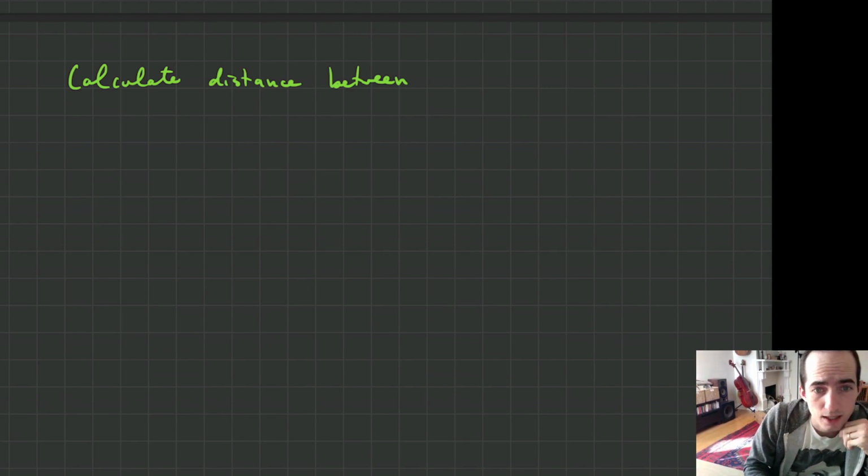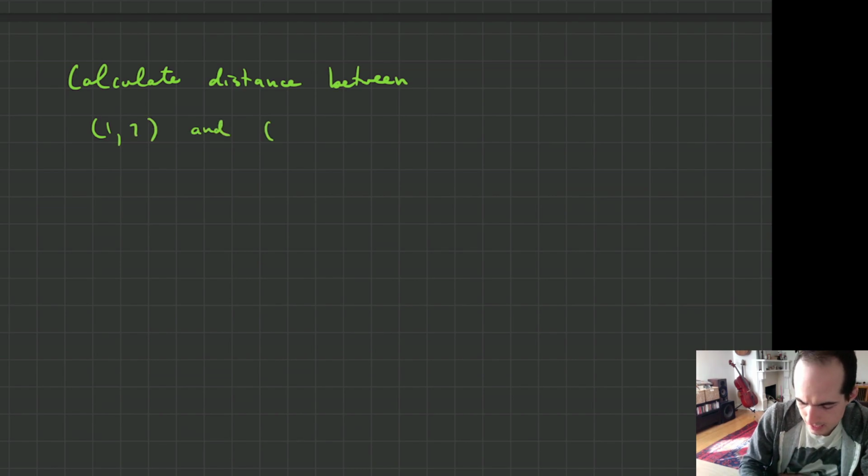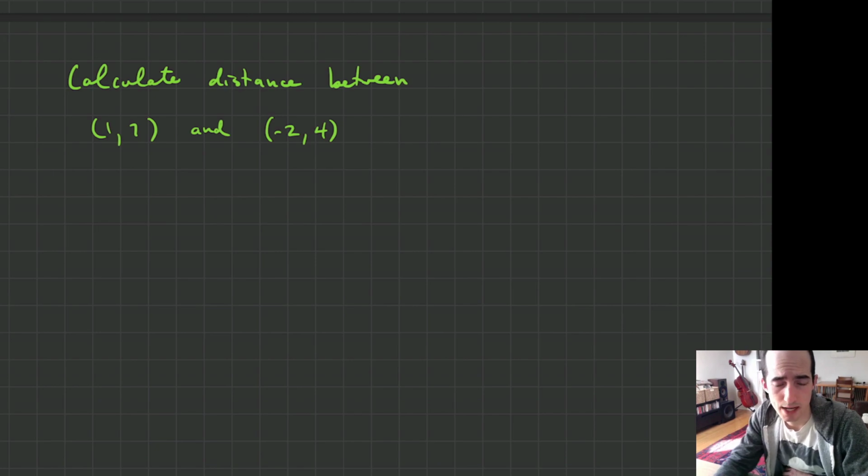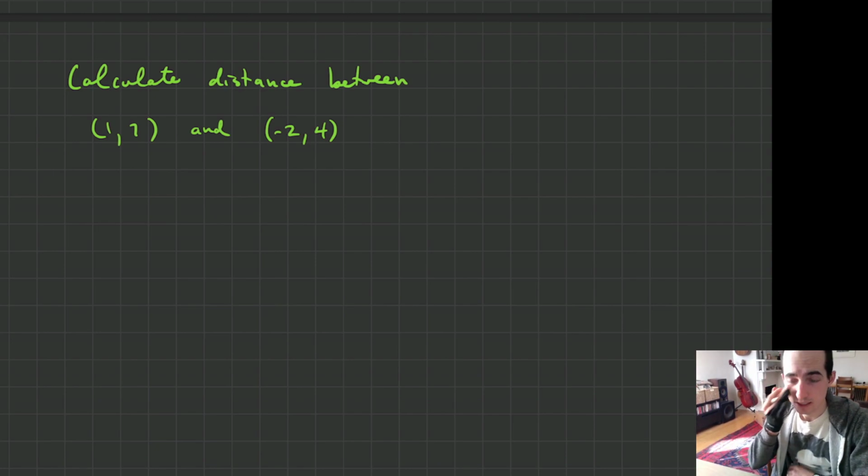We're going to have, let's do 1, 7 and -2, 4. Okay. So now we don't have a nice little graph, so we won't actually be able to draw a graph. We're just going to be using the formula. So let's go ahead and try that.